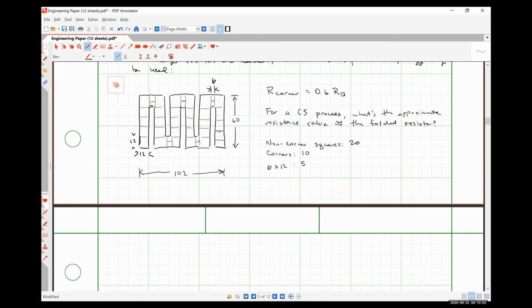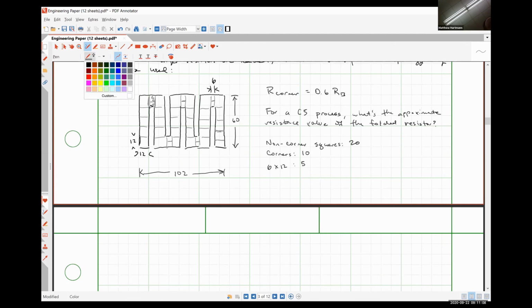Yeah, it makes sense. So if we look at this guy, that's a square, and then there's another square down here, and they're connected in parallel electrically because they have this whole node and this whole node shared among them.